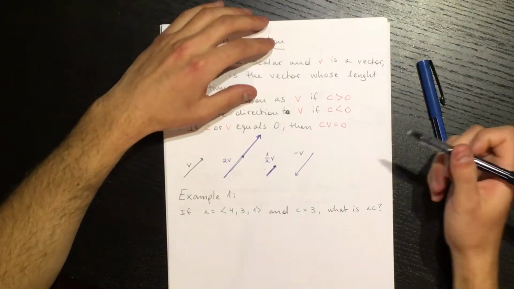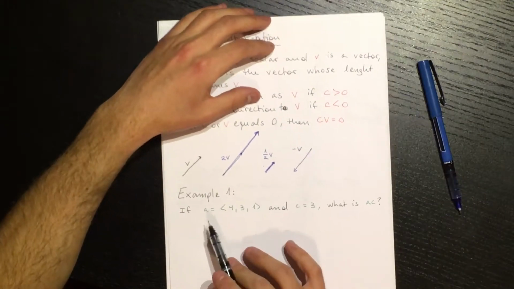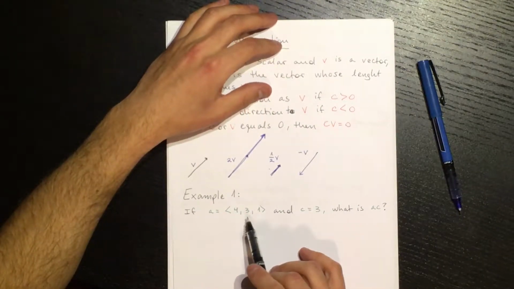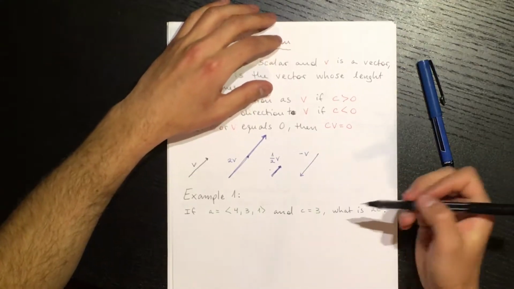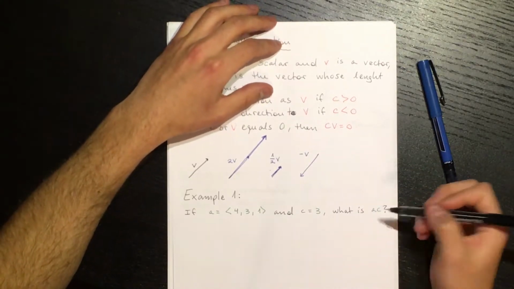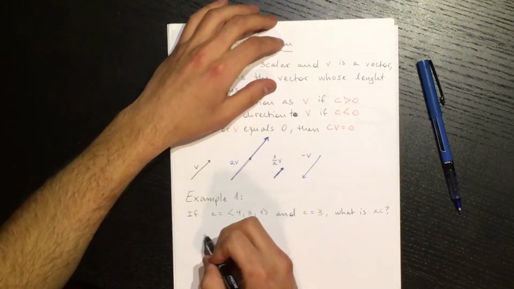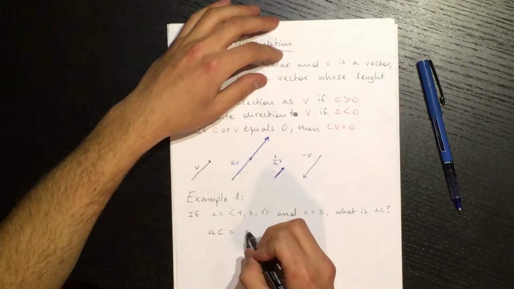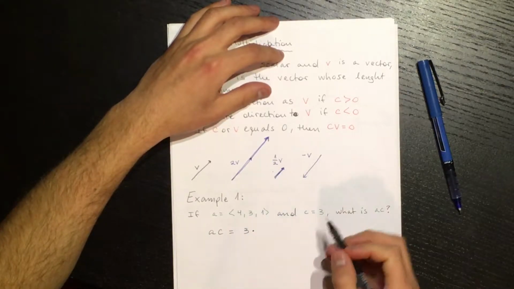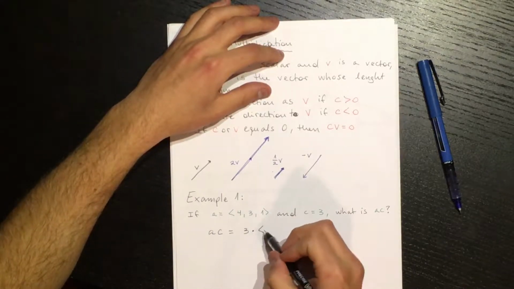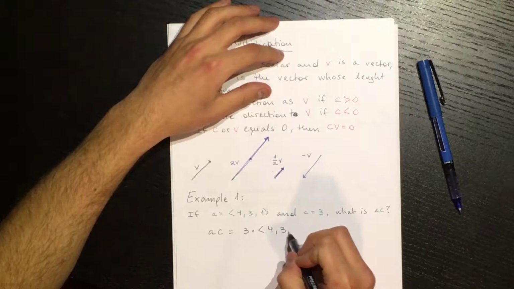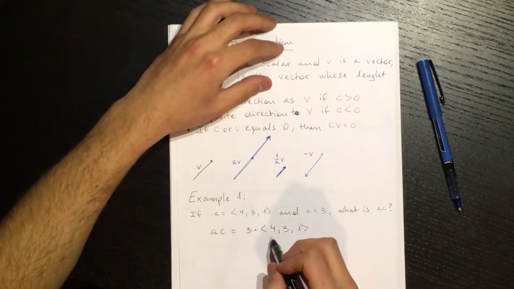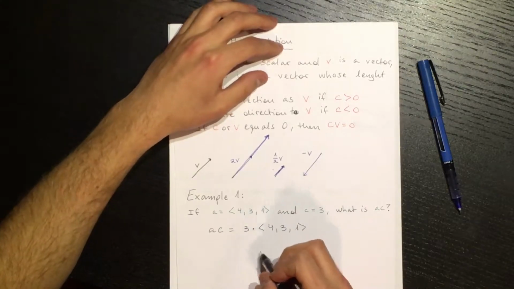So we have an example here. Let's say we have the vector A, with components 4, 3, and 1 in the x, y, and z directions, and c equals 3. What's the multiplication cA? So cA is going to be the constant 3 times the vector itself, which is 4, 3, 1. Remember, it's multiplying each component of the vector.